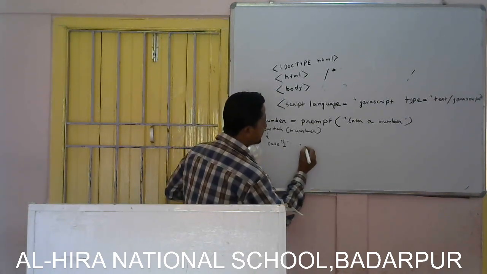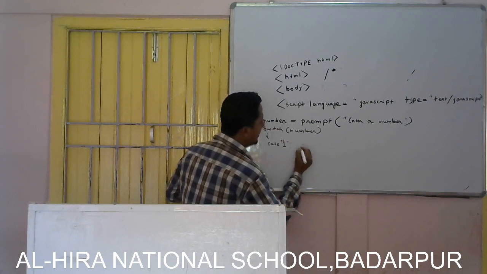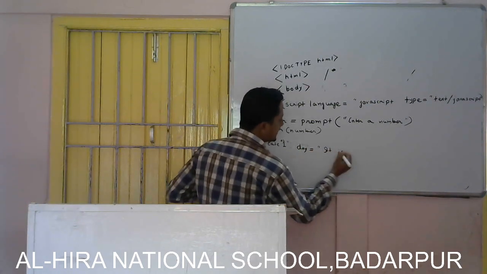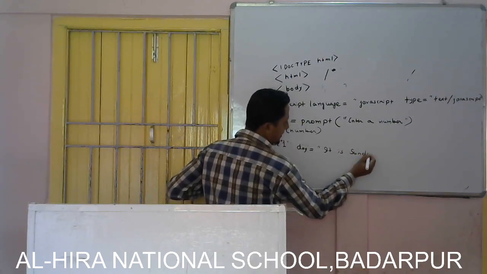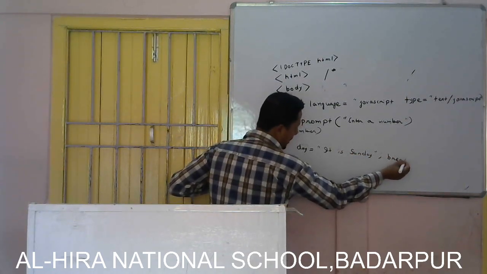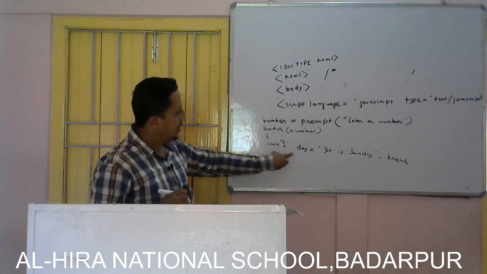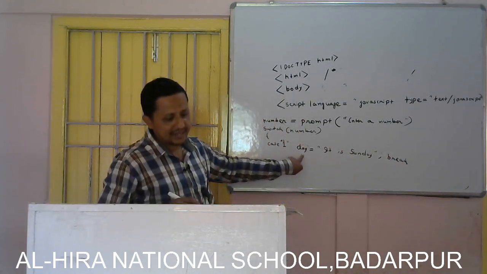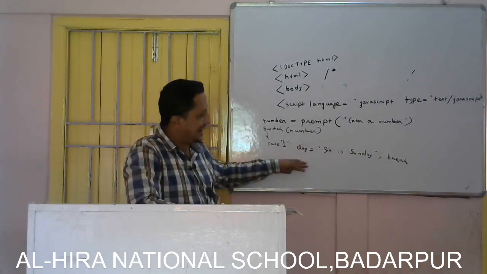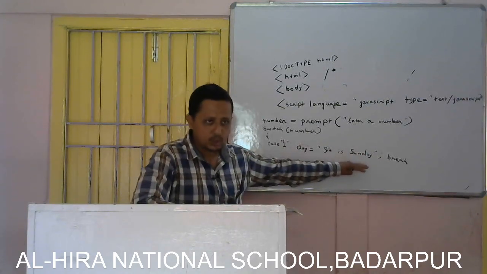Say I am writing, day is equal to it is Sunday. Then break, like this. Case 2, day is equal to it is Monday, break. Case 3, day is equal to it is Tuesday, break.